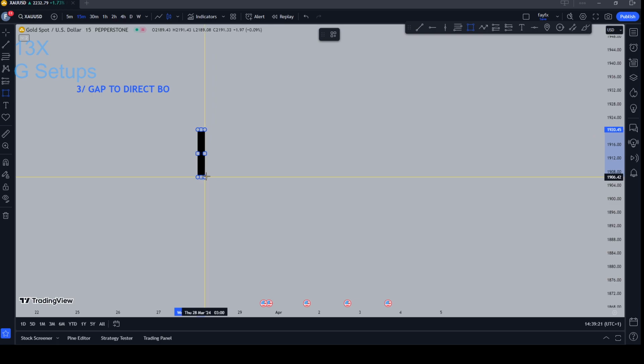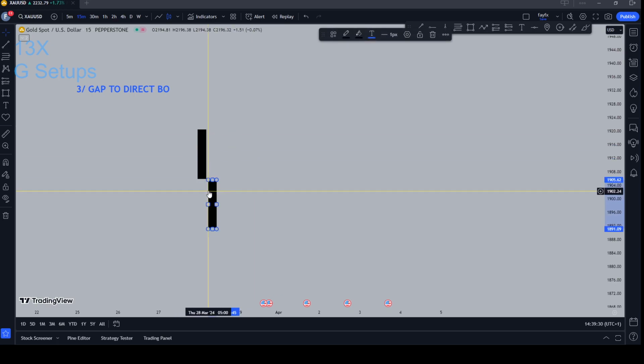Imagine we have a gap here in an X time frame.